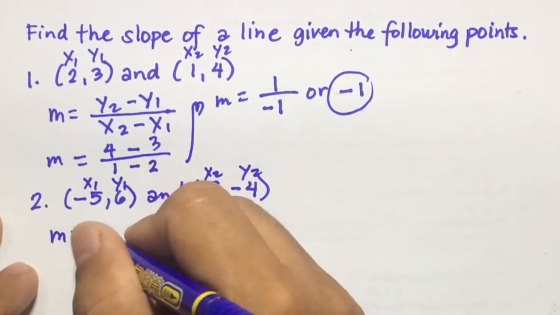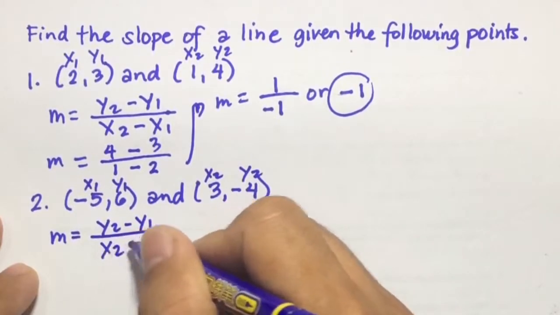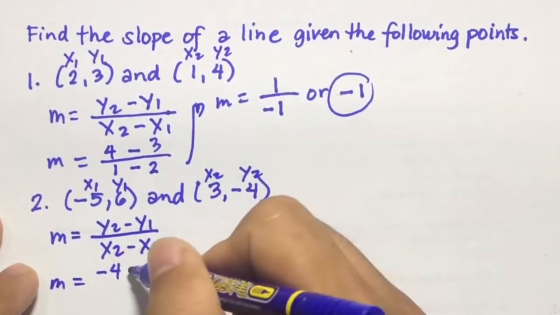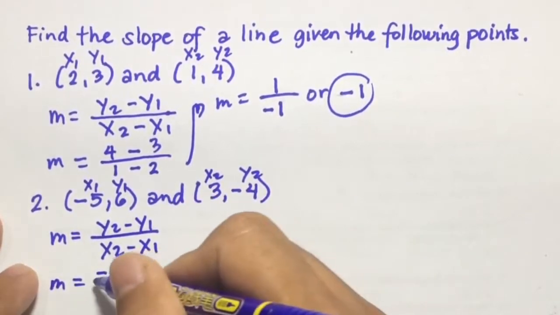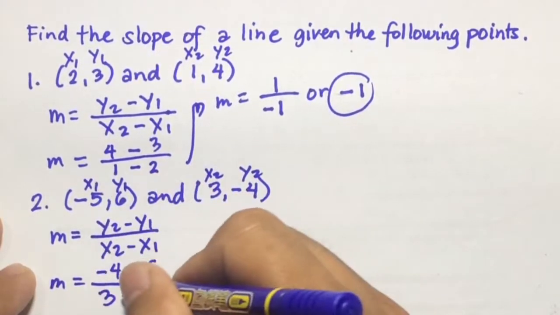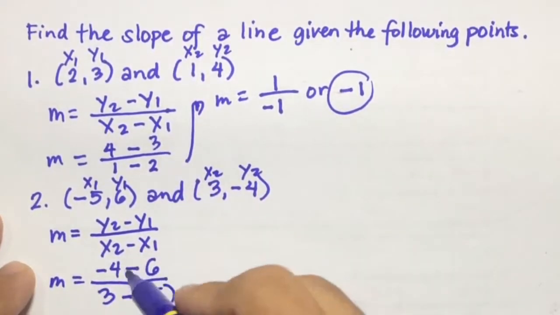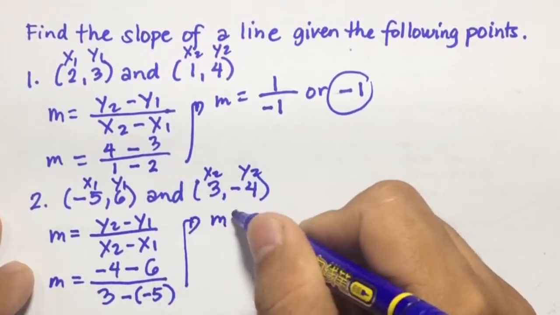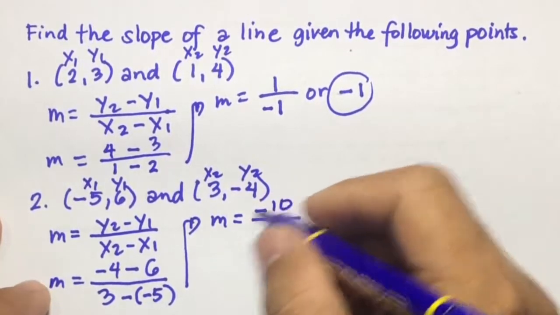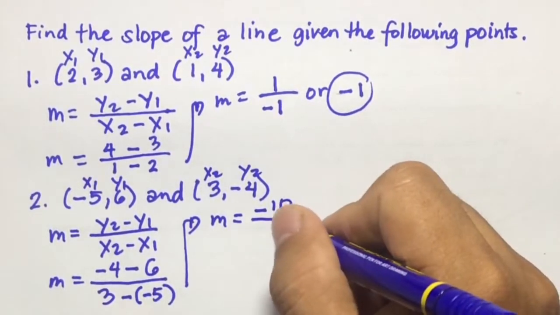Then using the formula m equals y sub 2 minus y sub 1 over x sub 2 minus x sub 1, we have y sub 2, negative 4, minus y sub 1, 6, divided by x sub 2, 3, minus x sub 1, which is negative 5. Then m here will be equal to negative 4 minus 6, that will be negative 10, divided by 3 minus negative 5, that will be equal to 3 plus 5, that will be 8.